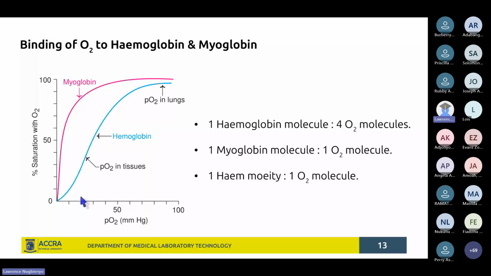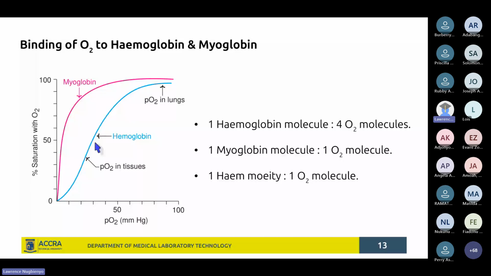So in the tissues, oxygen is lower in concentration. The partial pressure of oxygen in the tissues is lower, whilst carbon dioxide there will be higher. We'll come to see more about that. So you see the saturation there of hemoglobin is lower. So that is to compare the binding of oxygen to hemoglobin and myoglobin.